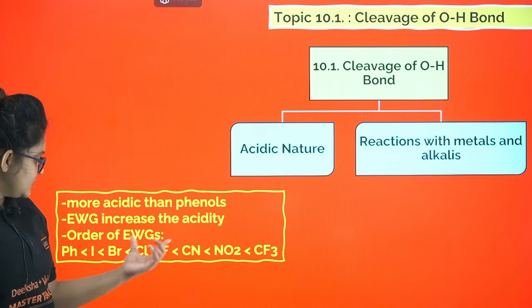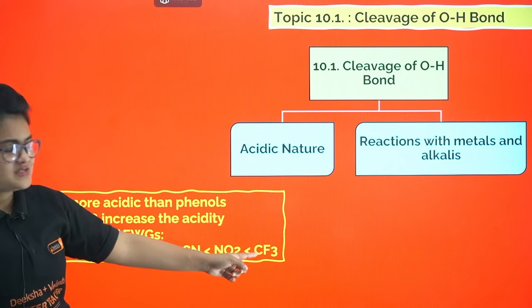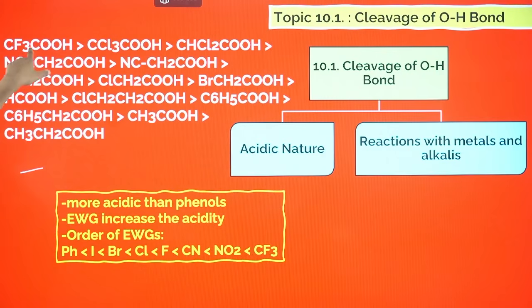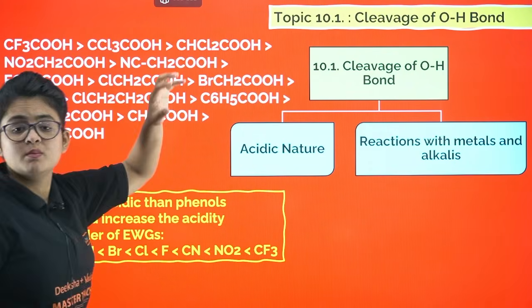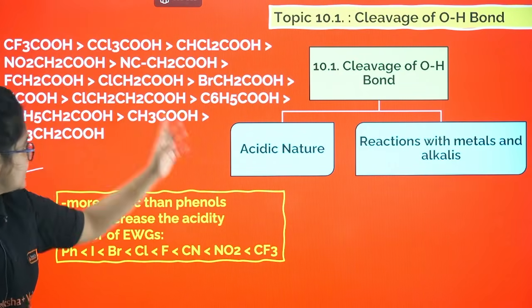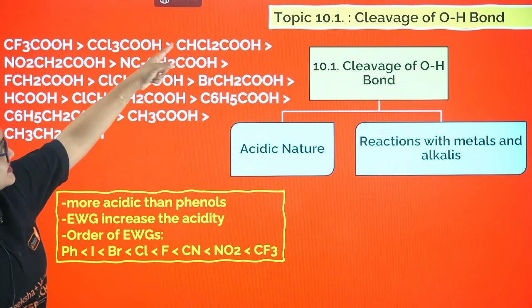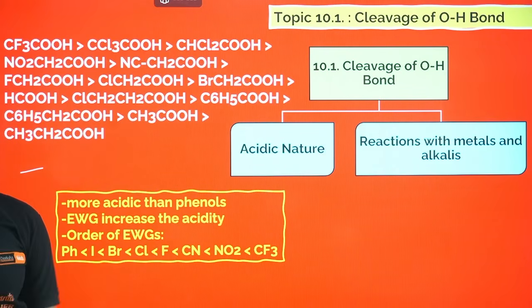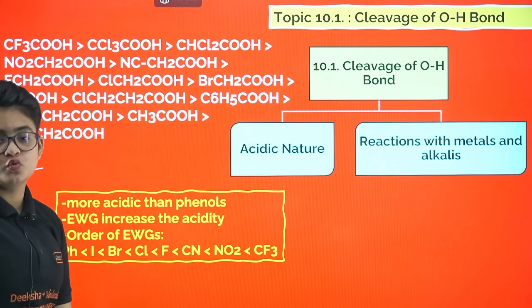So this is the order of the electron withdrawing groups. If you have CF3COOH, it has the maximum acidity because CF3 has maximum electron withdrawing power. Then correspondingly CCl3, then CHCl2, then NO2, like that. This is the overall order of acidity if an electron withdrawing group is present.